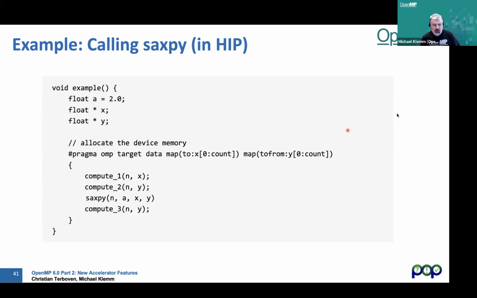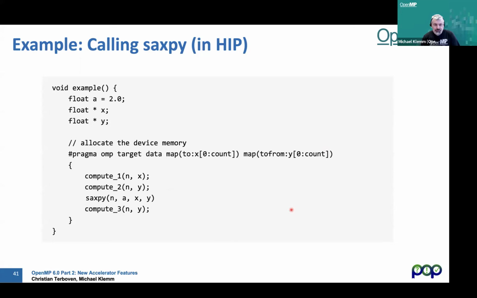And then we have the Saxby kernel that is supposed to do a Saxby operation. Think of this as like being a very cut down mock-up of something like conjugate gradient methods, where you have multiple kernels that are running in succession to implement one step in the conjugate gradient method.